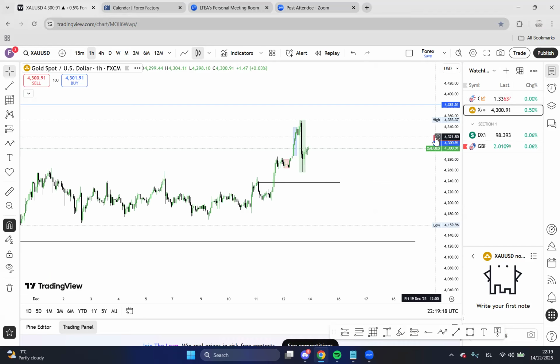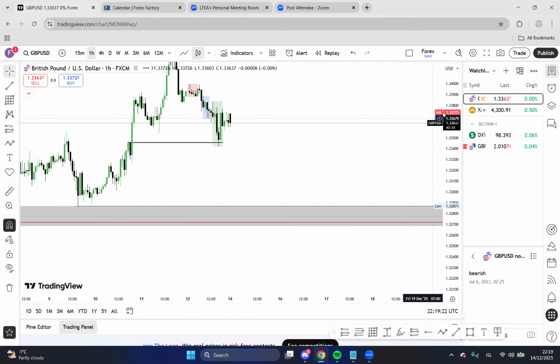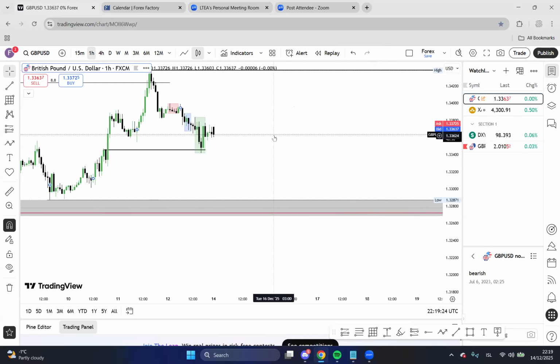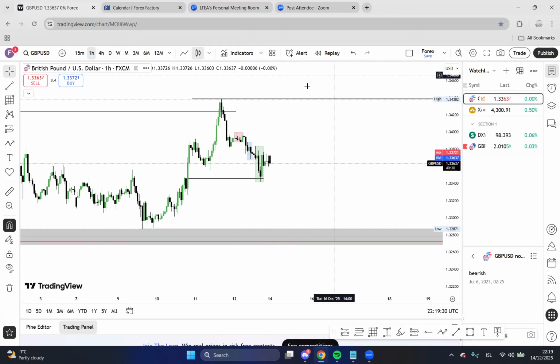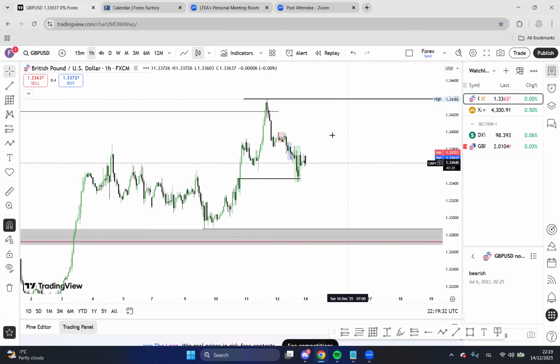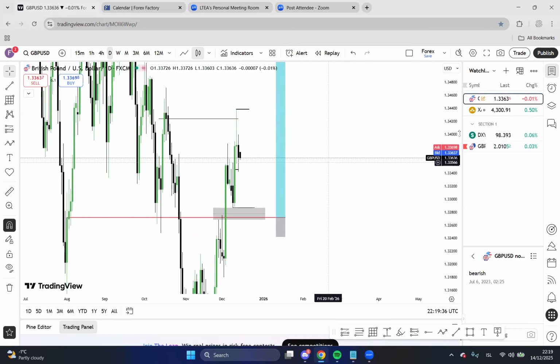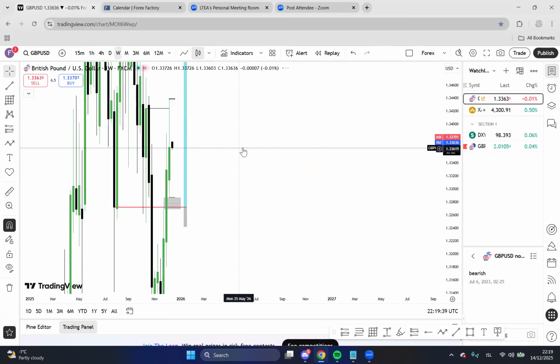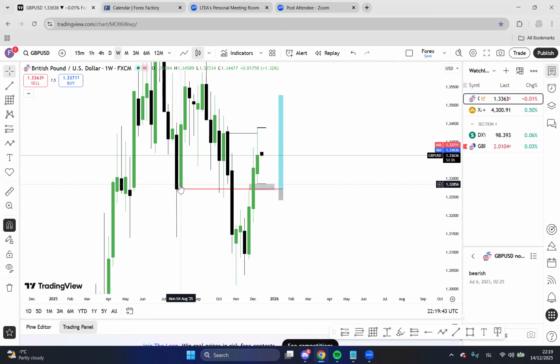But yeah, like I say, maybe GU will be much better. You know, if you are looking at it, I hope it just keeps buying from here, takes out this high, then we can find an opportunity to sell back down to this level. So why do I choose this level? From the weekly perspective, we have a fair value gap there, and we have this key level right here.